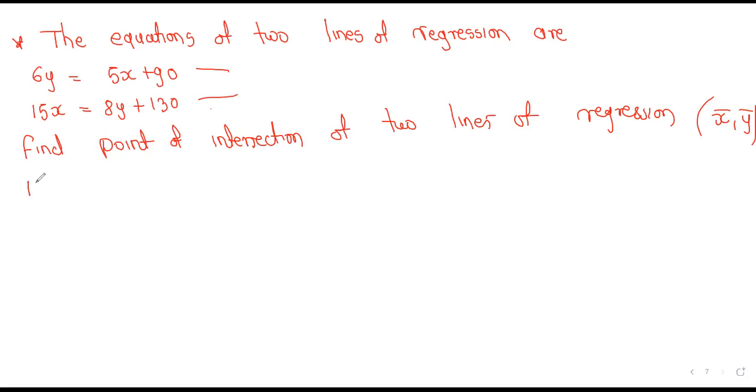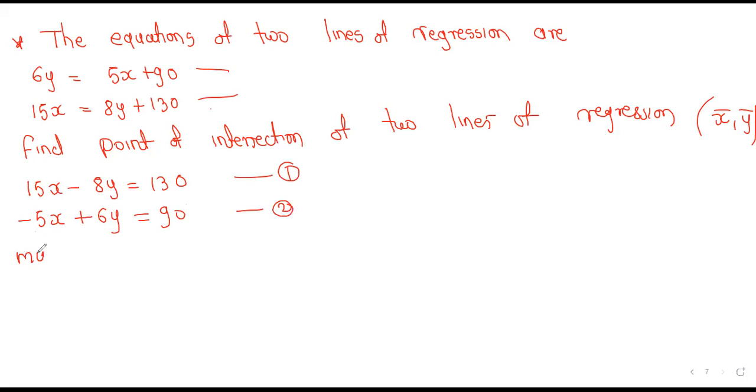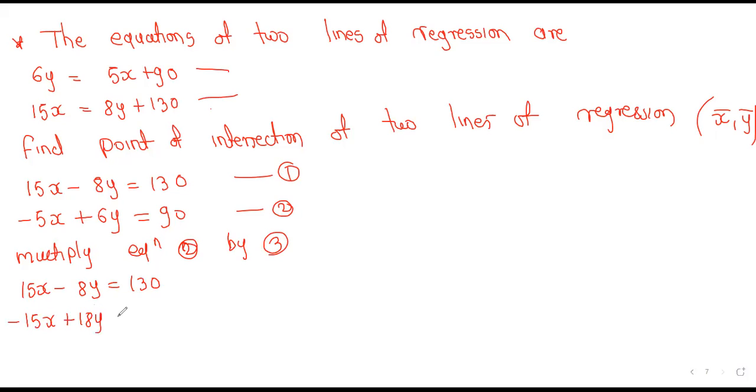So we can rewrite this equation as 15x minus 8y is equal to 130, give it as equation 1, and minus 5x plus 6y is equal to 90, give it as equation 2. Now multiply equation 2 by 3. So we get 15x minus 8y is equal to 130 and minus 15x plus 18y is equal to 270.